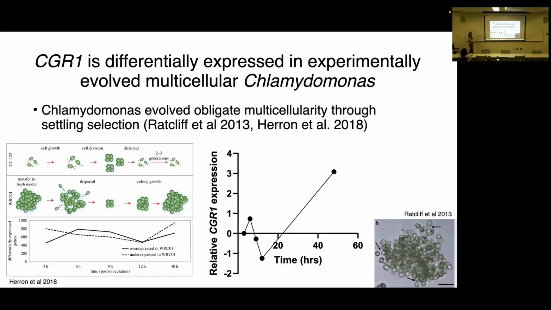And you can see here that its expression is increasing substantially in the period of time in which the colony is growing larger. And here's a picture of what these large multicellular colonies look like. This is very similar to the aggregative Chlamydomonas.